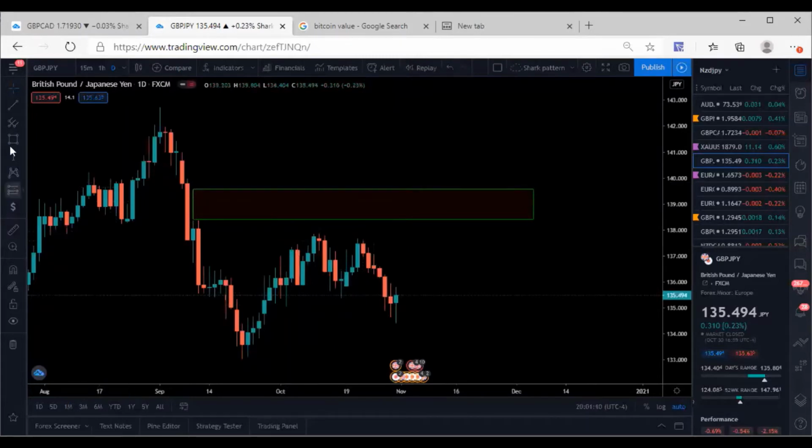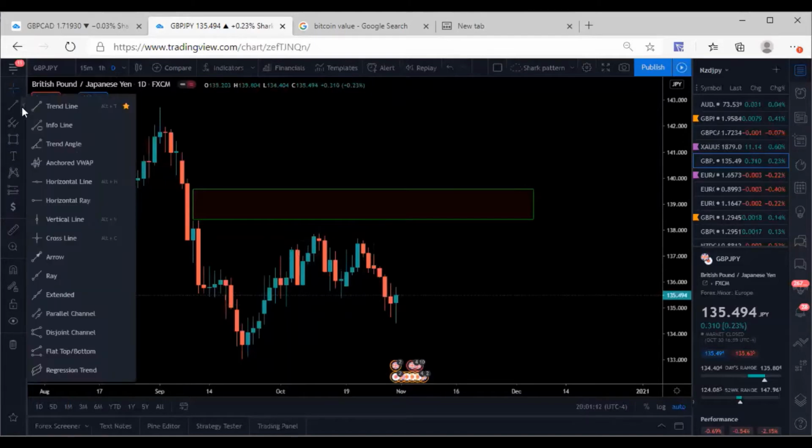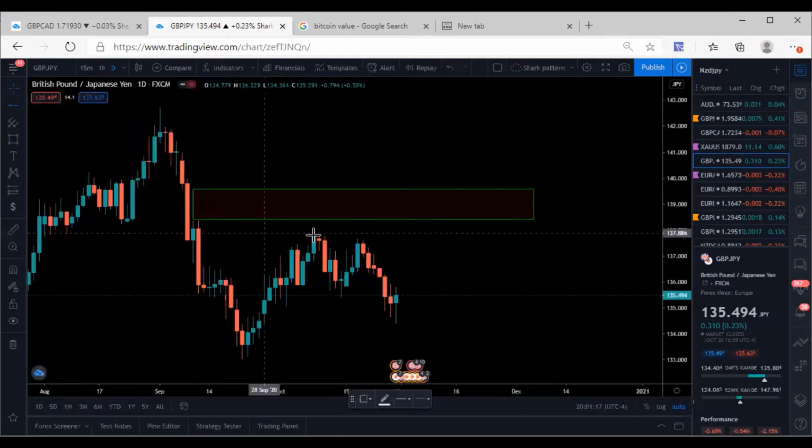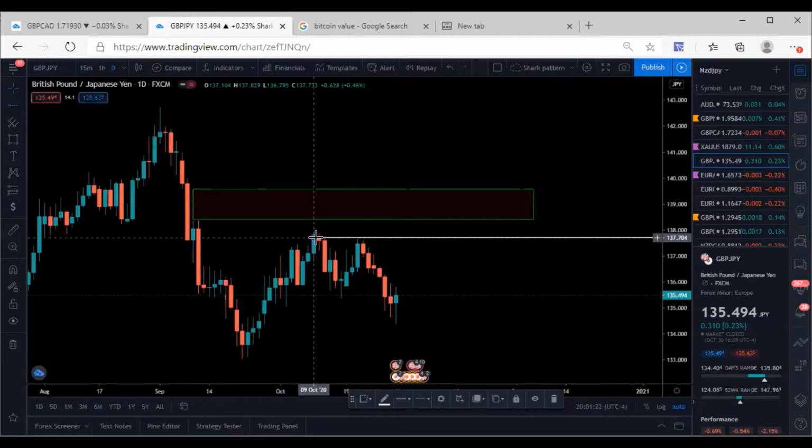That would also make sense because we have this double top here, which is what they would call the money spot.